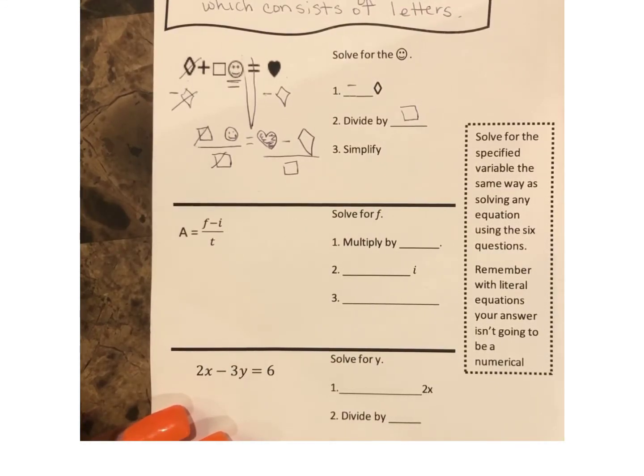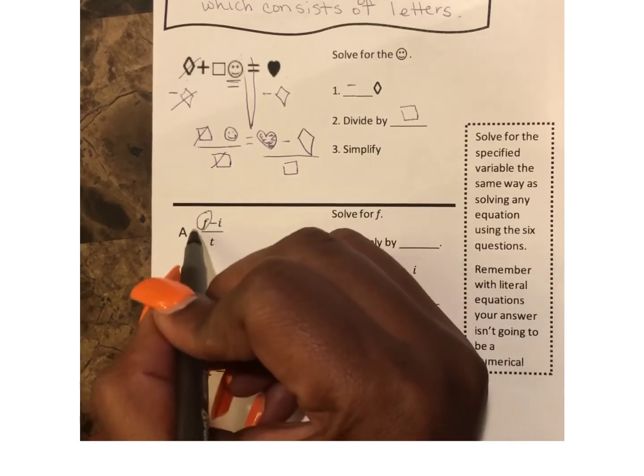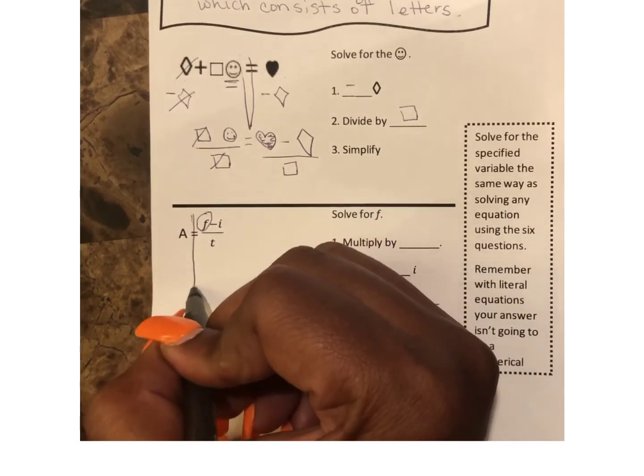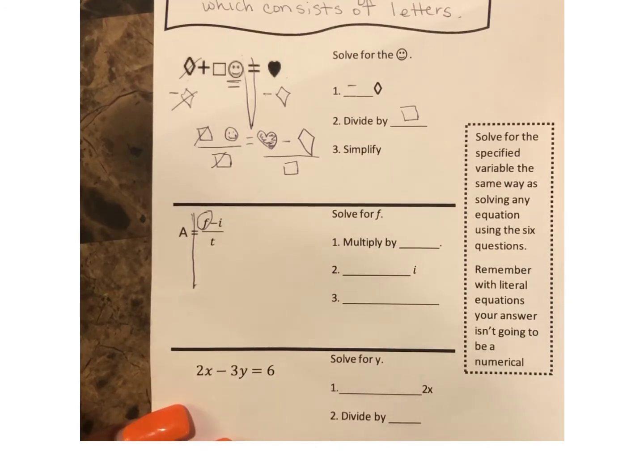Our next problem wants us to solve for f. We have a equals f minus I over t. This time we're trying to get f by itself. All right? But we have to get rid of this denominator first.